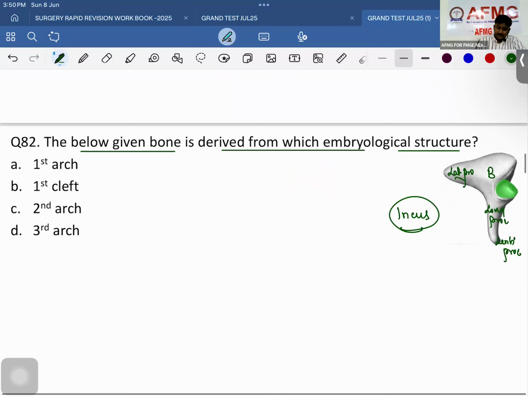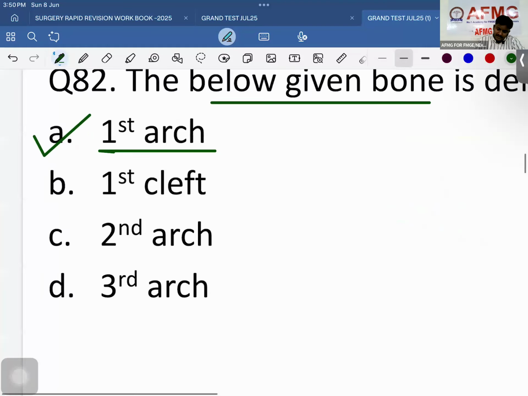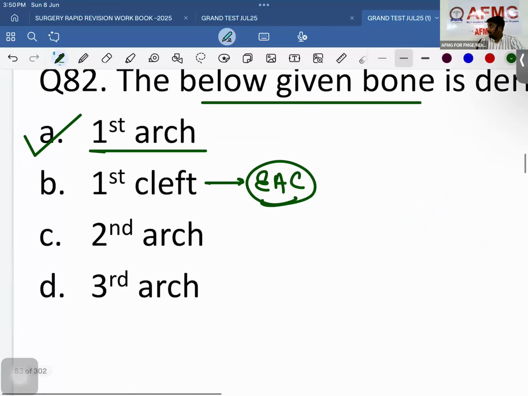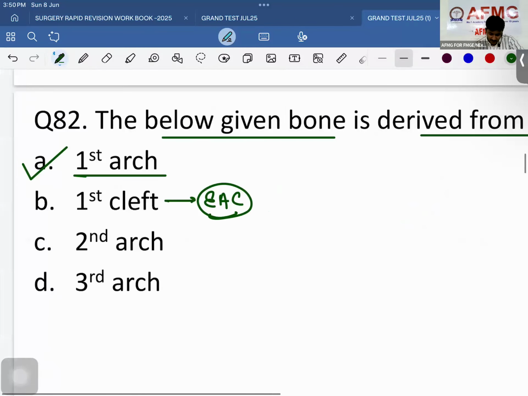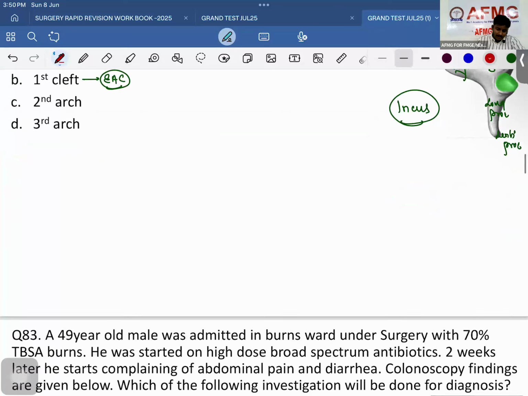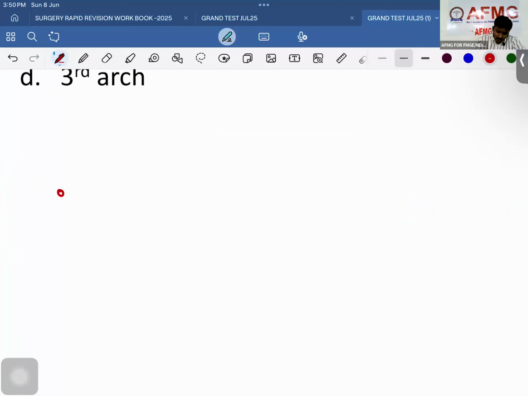And we know malleus and incus, both these ear ossicles are derived from option A, that is first pharyngeal arch, beta. What is derived from the first cleft? EAC, beta, that is external auditory canal, is usually derived from the first pharyngeal cleft, bache. That is important to be remembered. Now tell me just this: what is the incudomalleolar joint first?